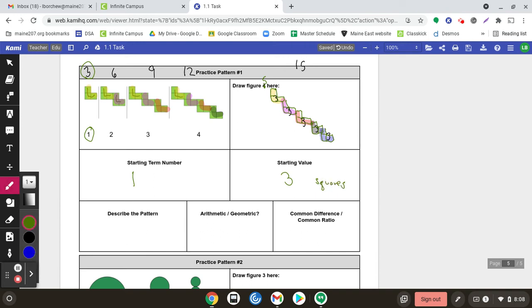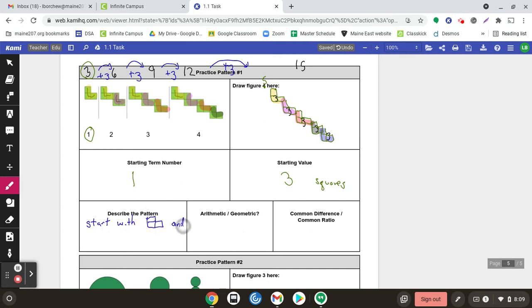Now the pattern. My pattern I haven't labeled yet, but I went from 3 to 6, from 6 to 9, from 9 to 12, from 12 to 15. Isn't my pattern addition of 3 each time? So I would say my pattern is you start with the L. So I guess I should say start with the 3 boxes. I'll just draw them.